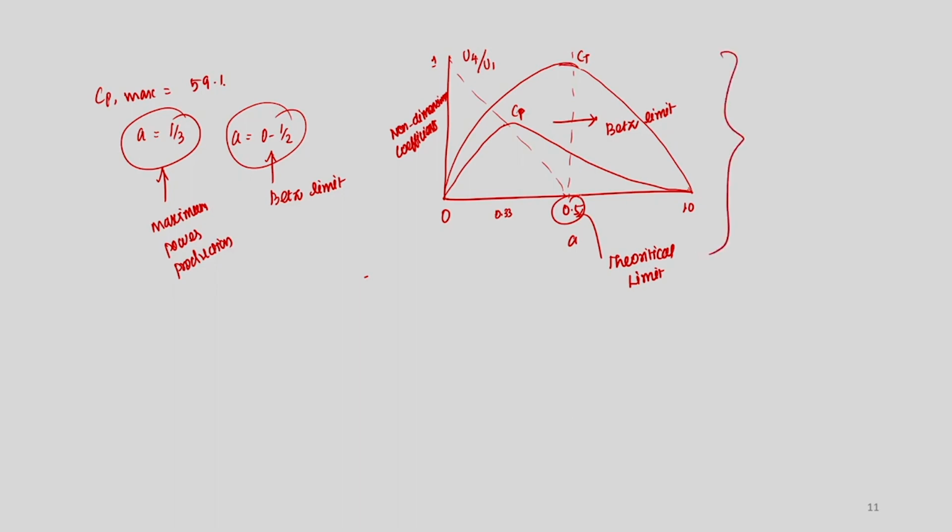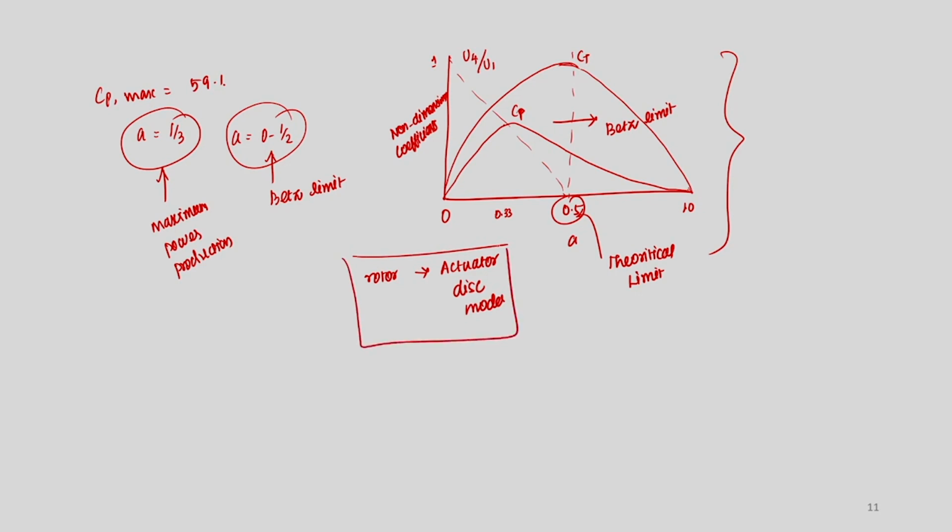Is there something that forces us to fix A at 0.5, or can we go beyond that? Remember, Betz compared the rotor with the actuator disk model, which is a simple model, and it has this constraint due to the assumptions made.